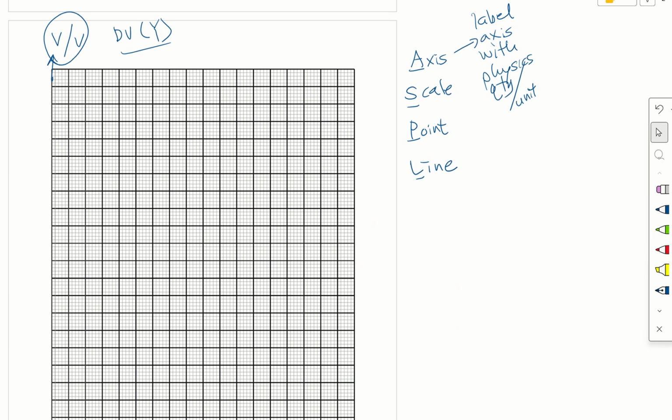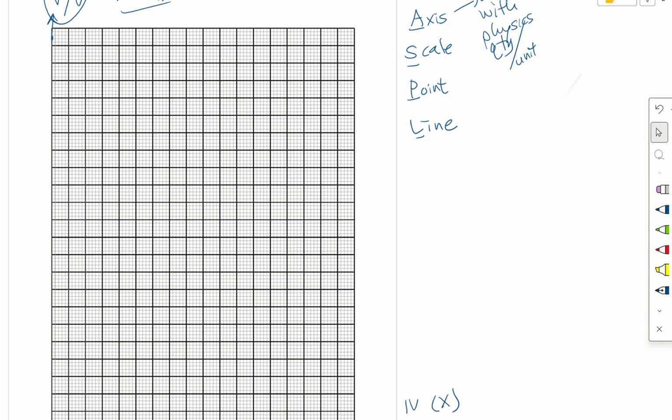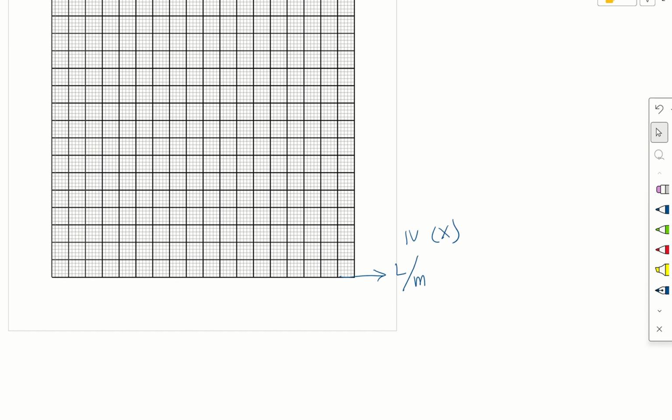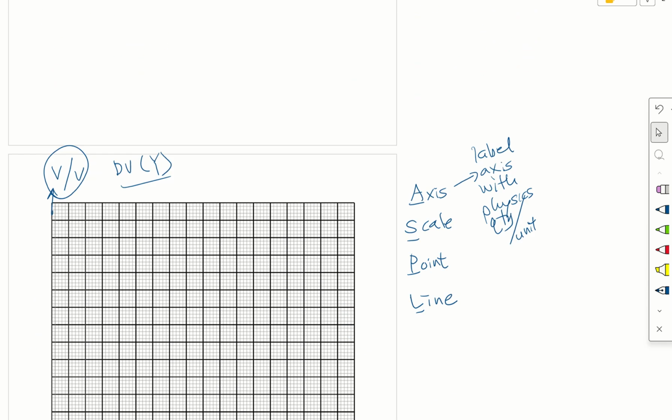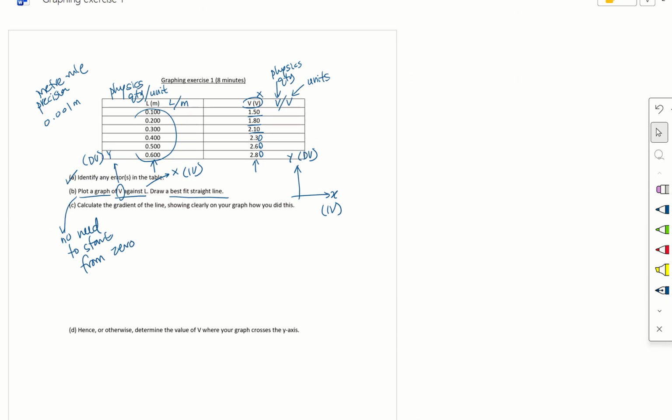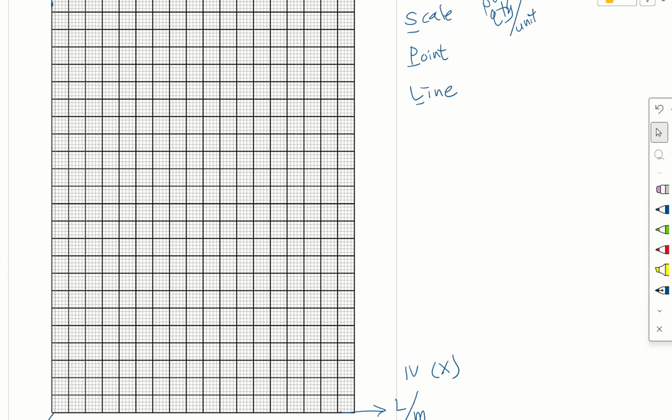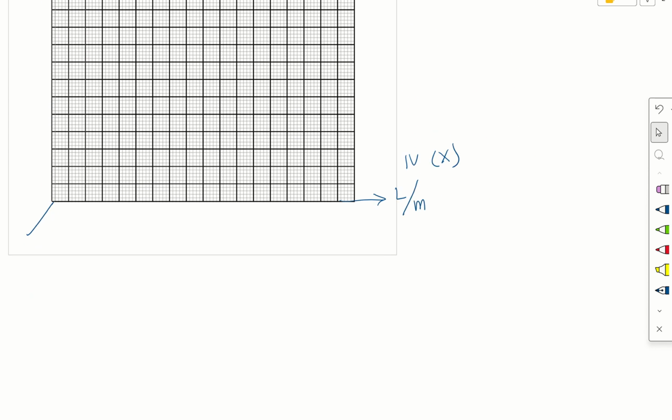The next point that we need to do is the scale. Remember the graph doesn't need to start from 0, and our minimum value for L is 0.1, but if I were to start from 0, it is also okay.